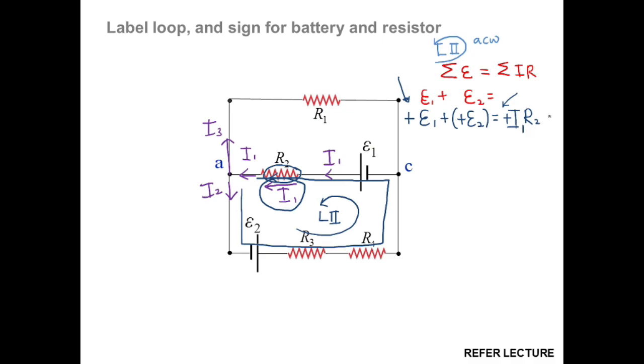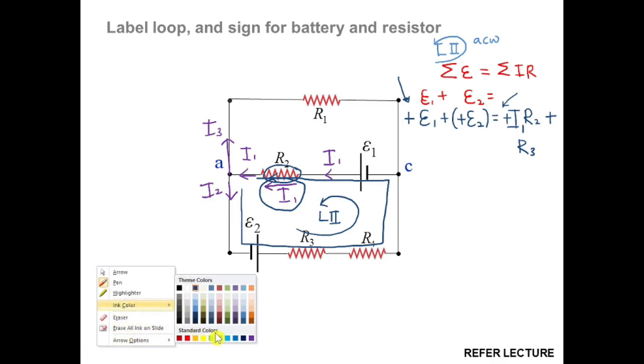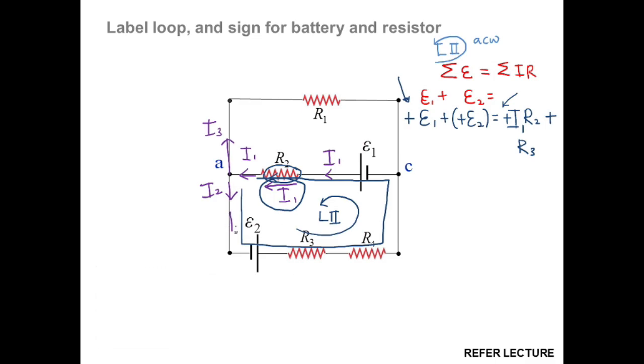In this loop, we have multiple resistors. We have to add R3. For R3, the current flowing inside R3 is I2. I2 is toward the right, and the loop is also toward the right, since the loop is anti-clockwise.